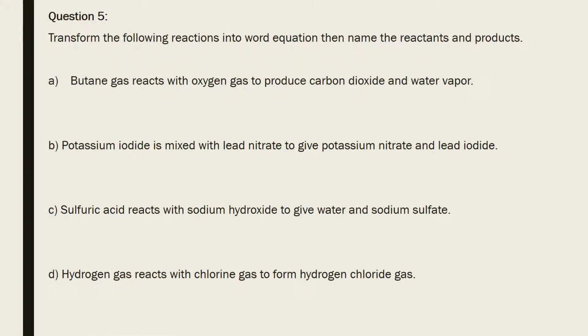Question 5 says transform the following reactions into word equations, then name the reactants and products. What I'm going to do is underline the reactants in purple and the products in green. Butane gas reacts with oxygen to produce carbon dioxide plus water vapor.